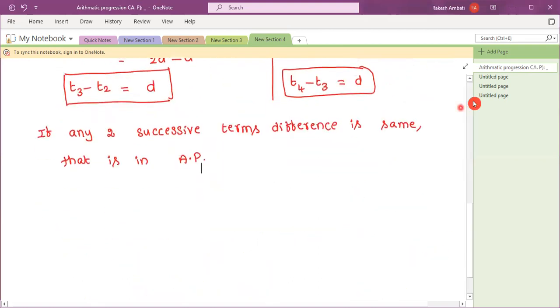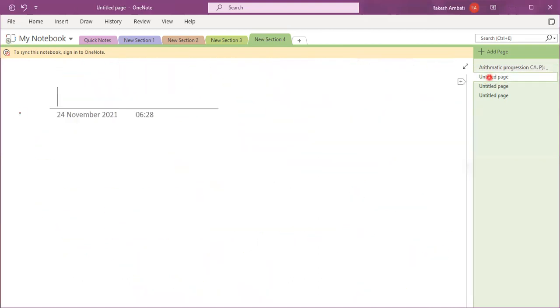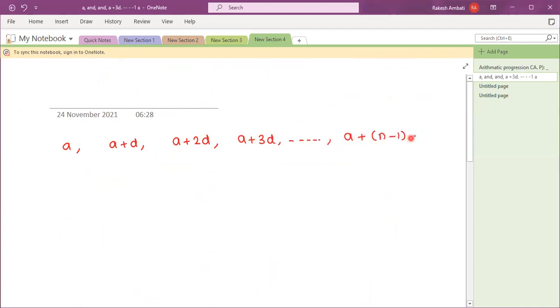Now, we have a, a plus d, a plus 2d, a plus 3d, and so on, a plus n minus 1 into d.